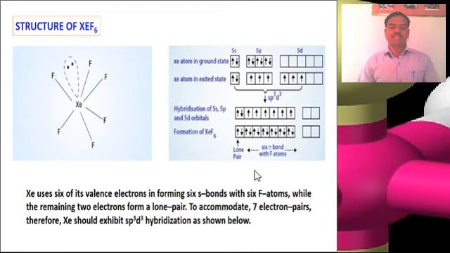Xenon uses six of its valence electrons in forming six sigma bonds with six fluorine atoms, while the remaining two electrons form a lone pair, accompanying the seven electron pairs. Therefore, xenon exhibits sp3d3 hybridization as shown here.